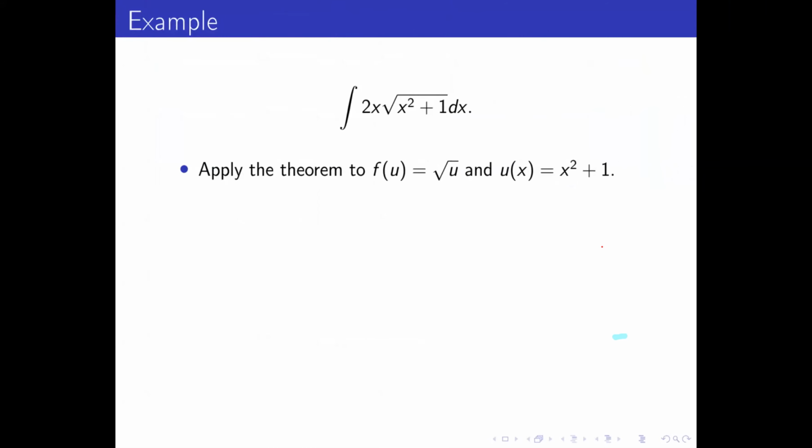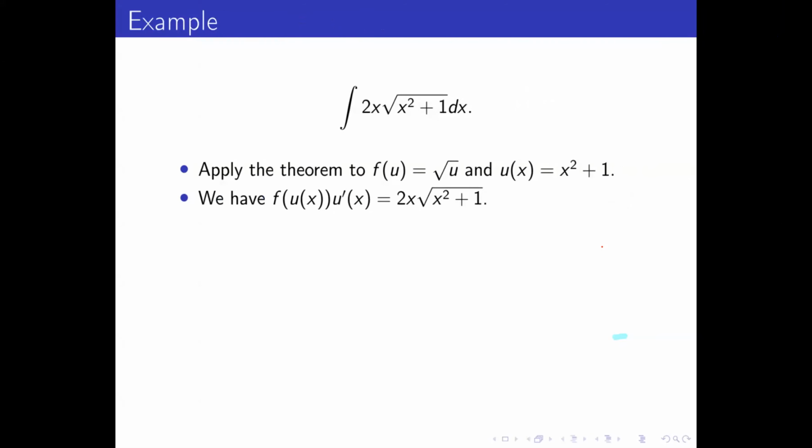So here's this one example. So this looks complicated, right? However, if you take f to be square root of u, f(u) = square root of u, and u is x squared plus 1, then this is exactly f(u) times u prime, right?